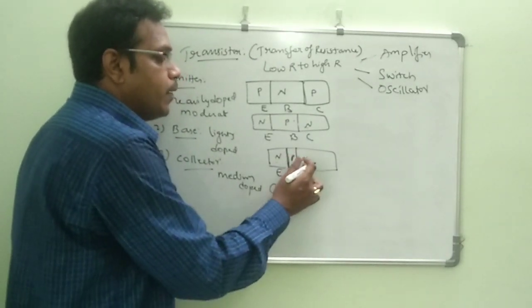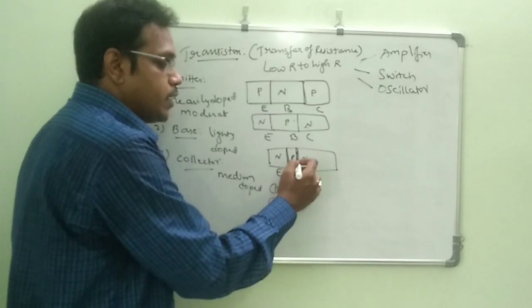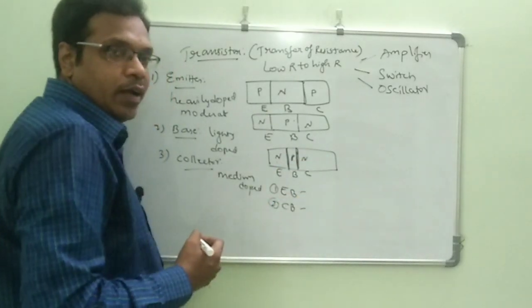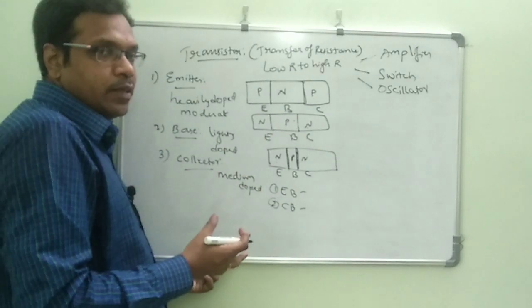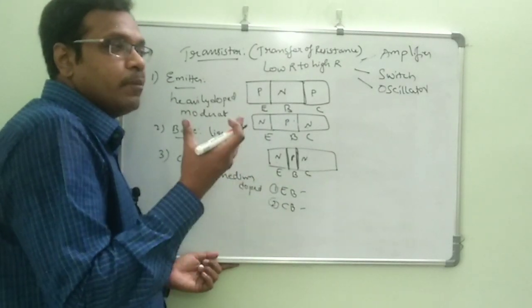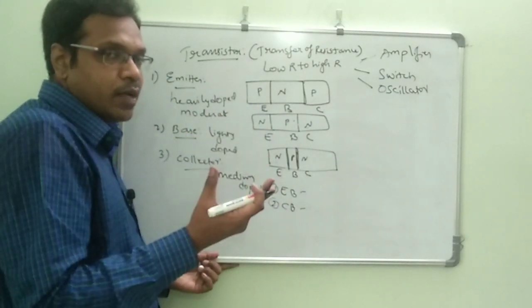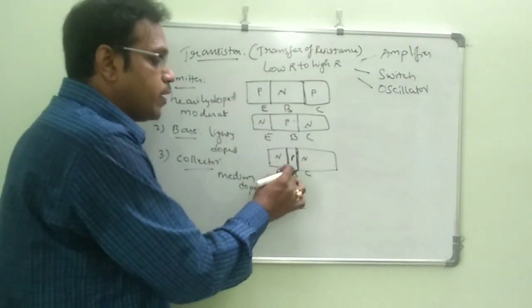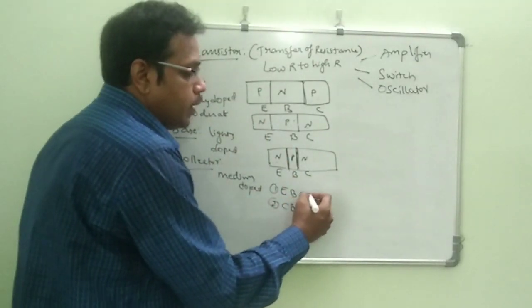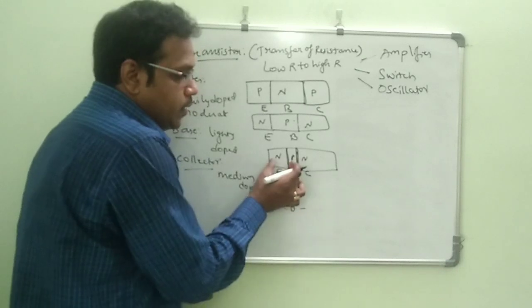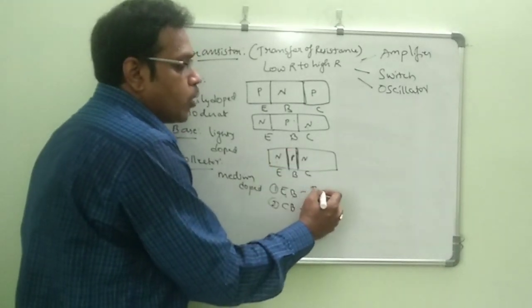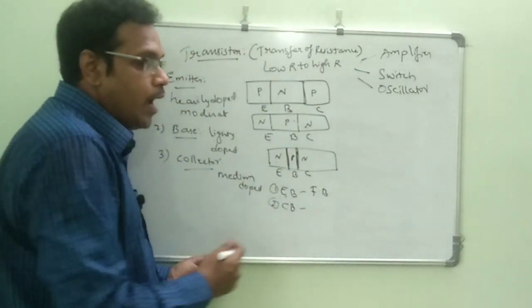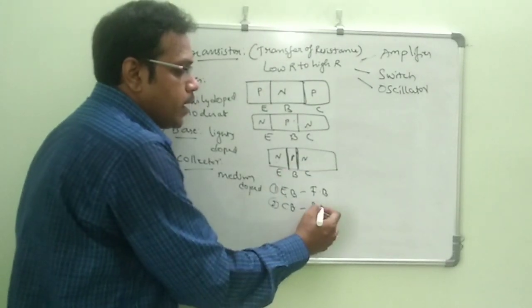To make the transistor work, we need to use biasing, like forward bias and reverse bias for a diode. Here, the emitter base junction should be forward biased, and the collector base junction should be reverse biased.